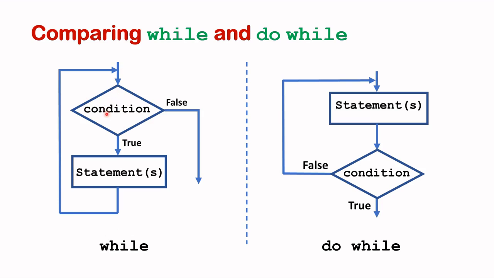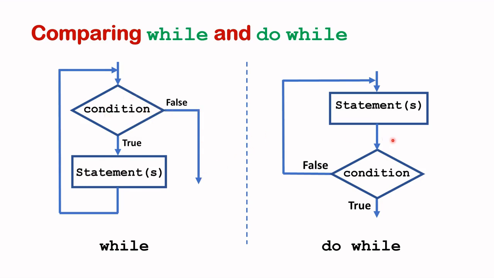Now if the condition is false, then the program will exit, and these statements will not be executed at all. So there is a possibility that these statements may not ever be executed if the condition at the beginning is tested false.